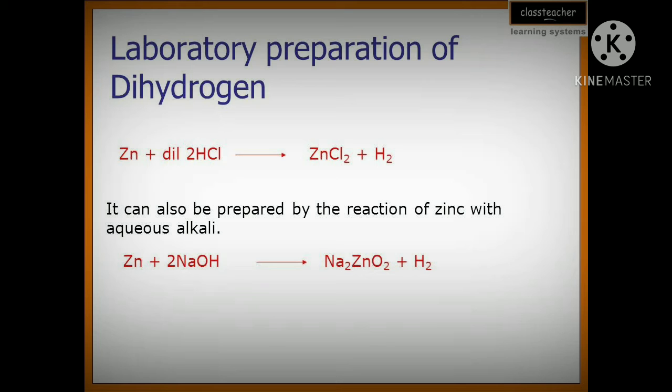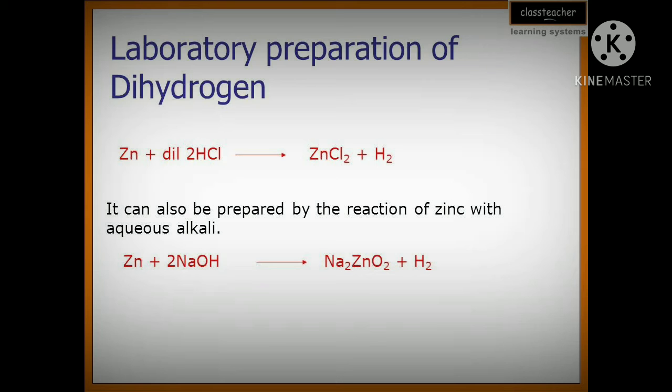Now, one of the methods used in the lab to prepare hydrogen is by the action of dilute acid on zinc. The reaction is zinc plus dilute hydrochloric acid gives zinc chloride plus hydrogen.